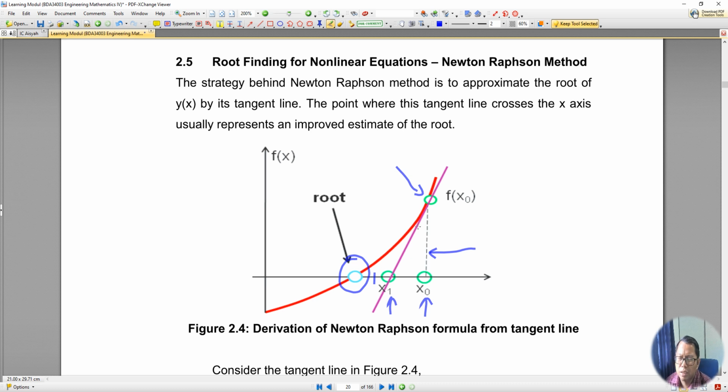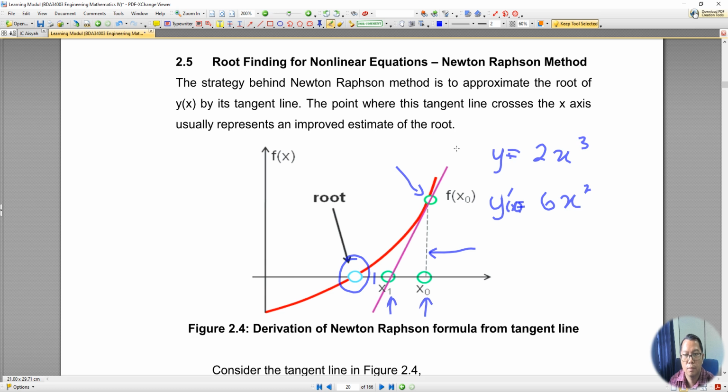But for me, the limitation or disadvantage of this method is that you have to differentiate the equation. If, let's say, the equation is y equal to 2x to the power of 3, then y prime of x is 6x to the power of 2.